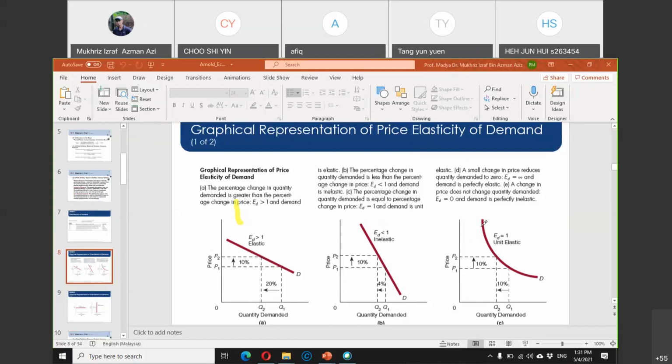For unit elastic, usually the demand curve is not a straight line like this, but a semi-parabola, either concave or convex. So this is unit elastic.